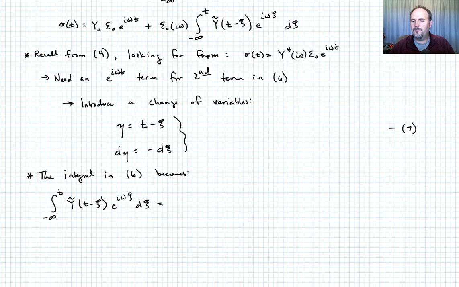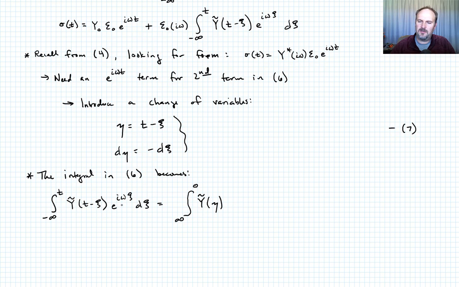What does that become? Well, let's look at our limits of integration. When xc is equal to negative infinity, then eta becomes infinity. And when xc is equal to t, then eta goes to 0. So we integrate from infinity up to 0. And now y tilde is evaluated at eta.